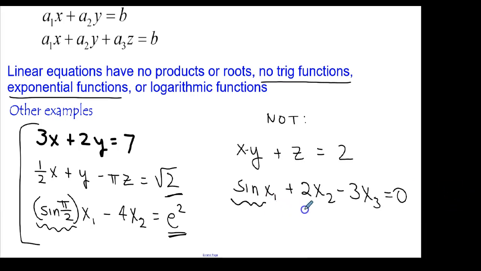Here we have a trig function. We're finding sine of the variable x sub 1. That is not a number. I mean, it varies depending on what x sub 1 is. And one more example. 1 divided by x plus 1 divided by y is equal to 4. This does not represent a linear equation.